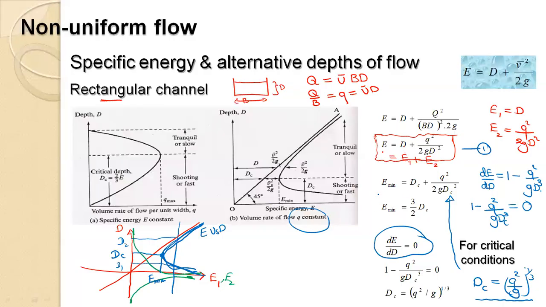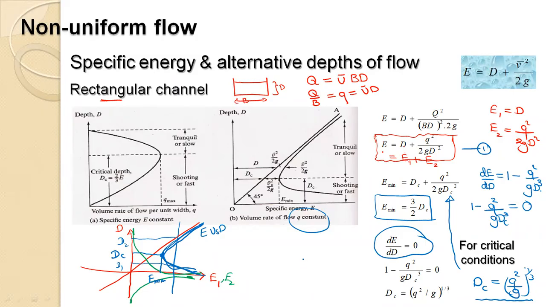And then you will find that the minimum specific energy will be 1.5 times the critical water depth for a rectangular cross section. So remember, this whole analysis which I have performed is only relevant to rectangular cross sections. You can't apply that to any other cross section.